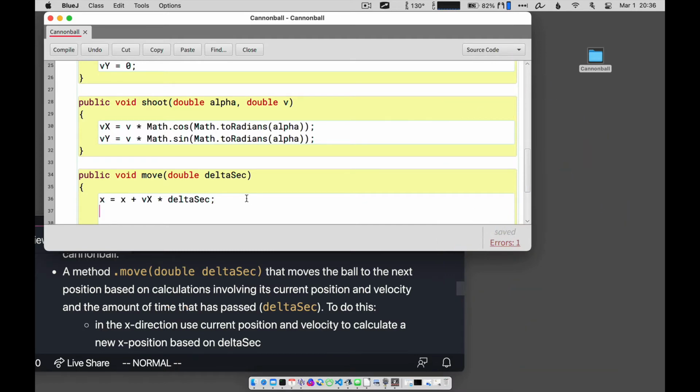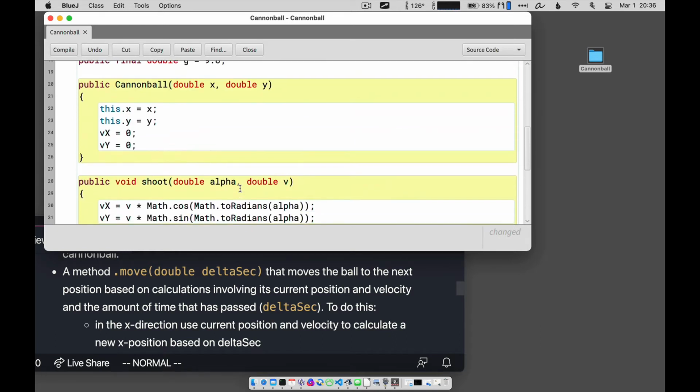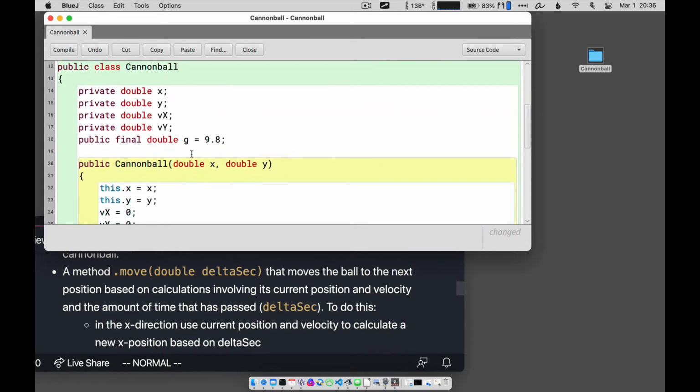Cool. And how do I get the new y position? Well, you remember that it's equal to the original y plus v in the y direction times delta sec plus 1/2, so I'll just say 0.5, times the acceleration, which is this g value. Oh, but it's a negative.